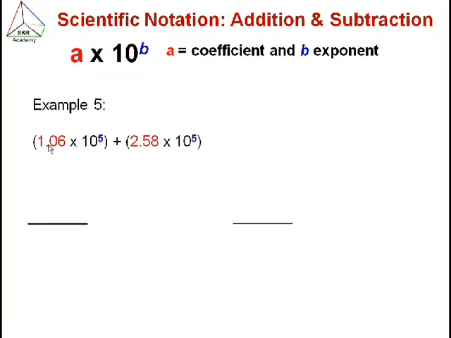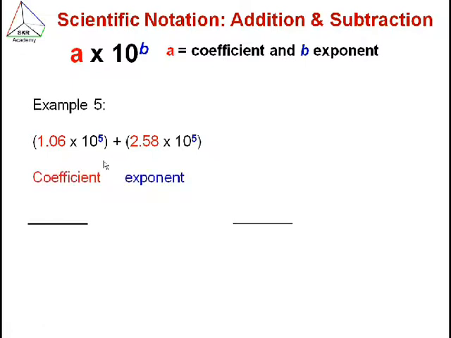There are two values here, 1.06 times 10 raised to the power 5, and we have to add 2.58 times 10 raised to the power 5. I chose an example where both exponents are the same.